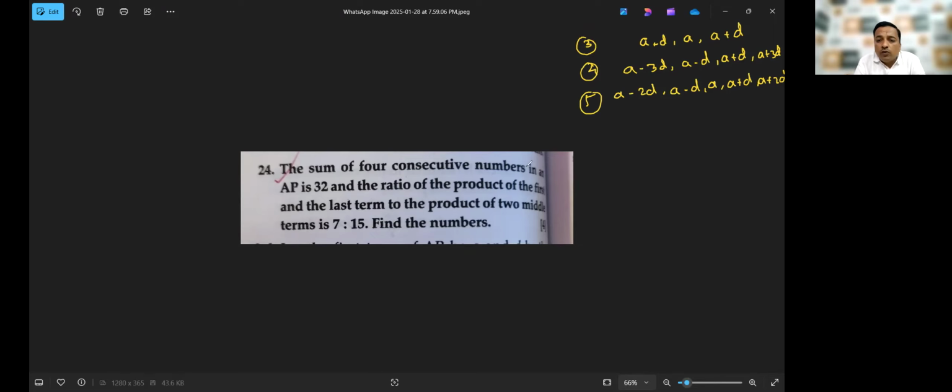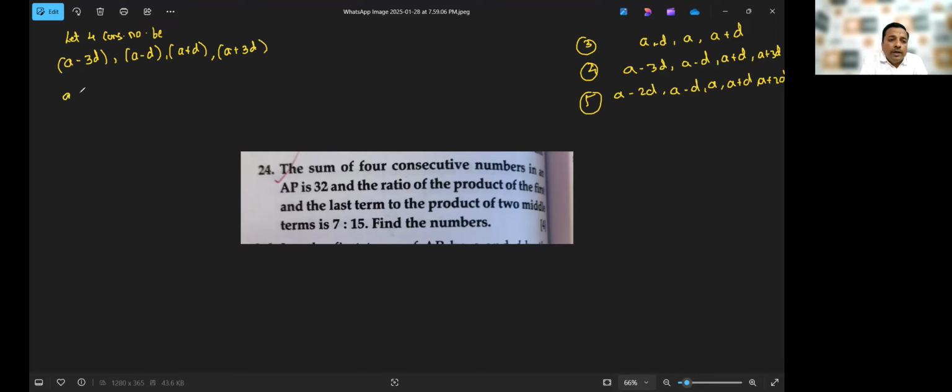अब क्या बोला है? Let the 4 consecutive term numbers. So we will write, let 4 consecutive numbers be... क्या लिखा है हम लोगों ने? a minus 3d first, a minus d second, a plus d third and a plus 3d. Okay. The first condition is that sum of these terms is 32.